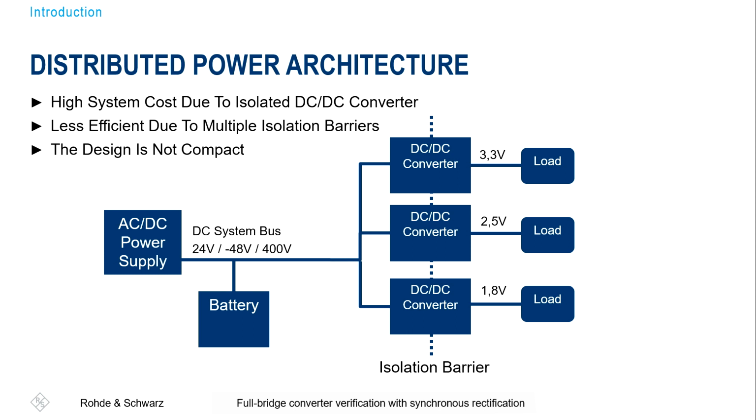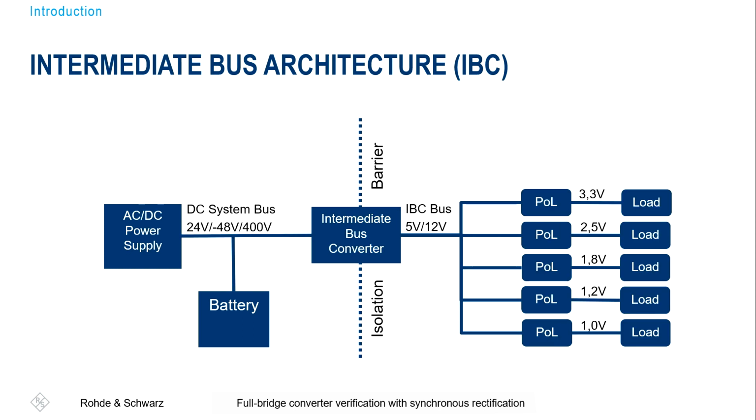The next architecture we will have in this presentation is the intermediate bus architecture, IBC. In this architecture, the front end is basically the same: an AC-DC power supply and a battery backup, but we have only one centralized intermediate bus converter in the middle of the architecture. And there is also the isolation barrier provided.